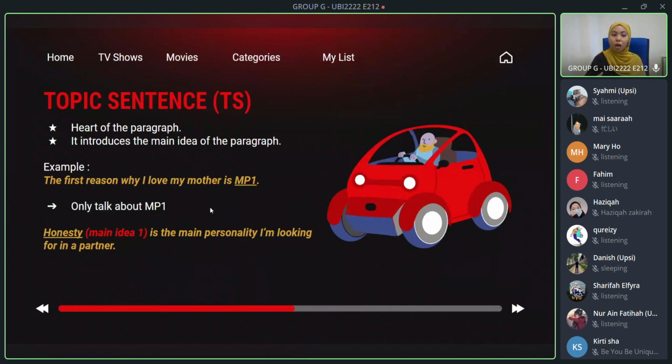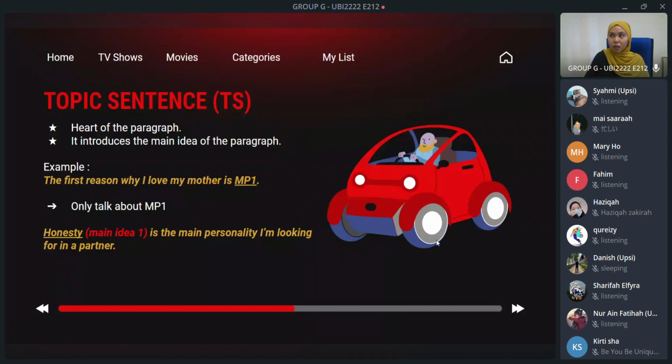You introduce first. How can you describe something when you don't even introduce it to the reader? Okay. Another example. Honesty is the main personality I'm looking for in a partner. So honesty is main idea 1. Basically, you want to talk about the personalities in a partner that you are looking for. So perhaps the first idea is he or she should be an honest person, or maybe the next one would be a loving person.